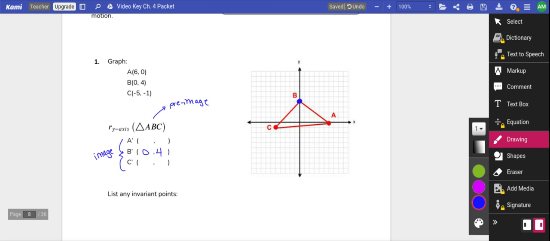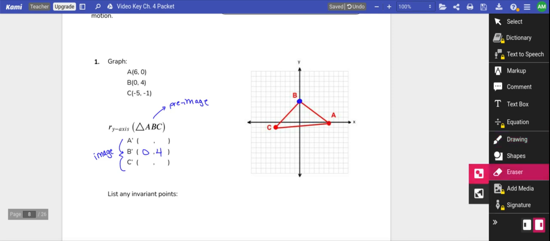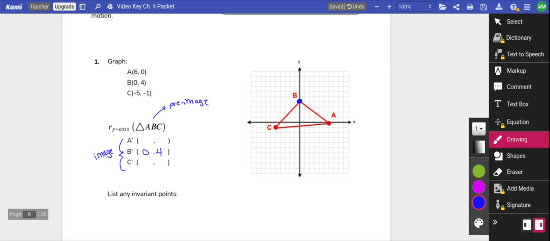For A prime, I see that A is 1, 2, 3, 4, 5, 6 units away from my y-axis. So what we can do to determine where A prime is going to be is to count from A toward the line. So again, 1, 2, 3, 4, 5, 6.